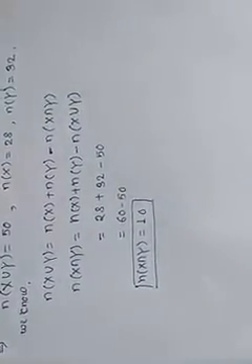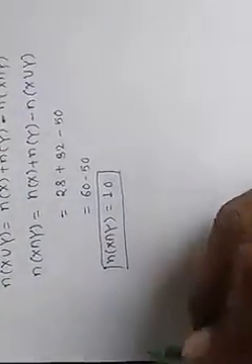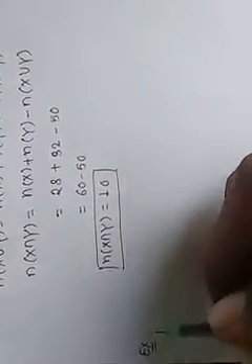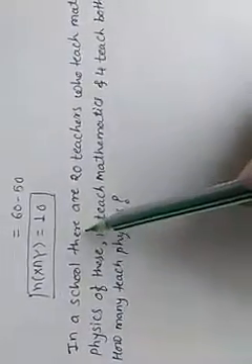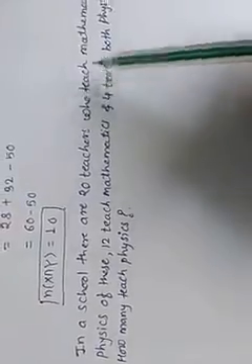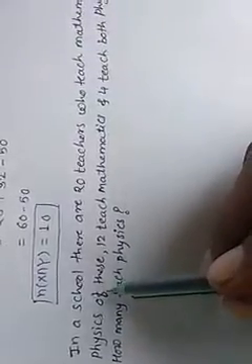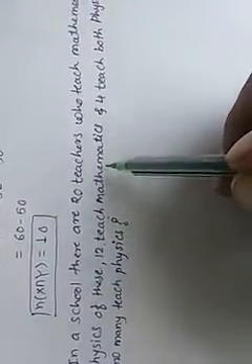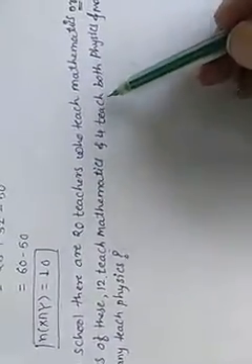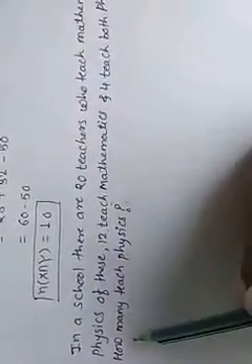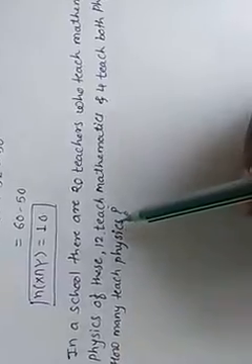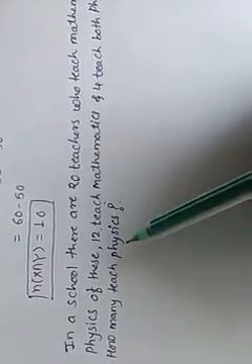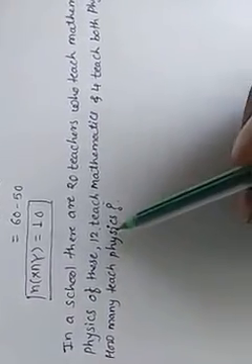Okay, now consider the next example. In a school there are 20 teachers who teach mathematics or physics. Of these, 12 teach mathematics and 4 teach both physics and mathematics. The question is how many teach physics? That is, we have to find the teachers who teach the physics subject.